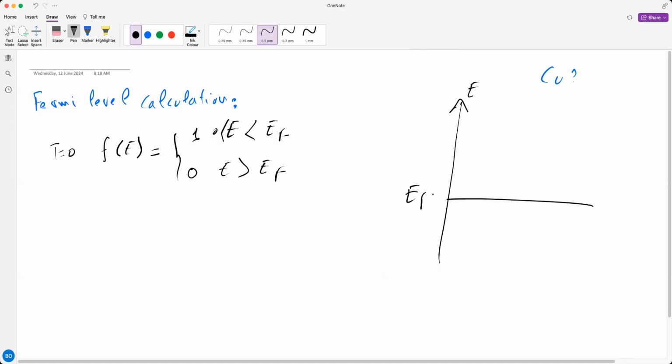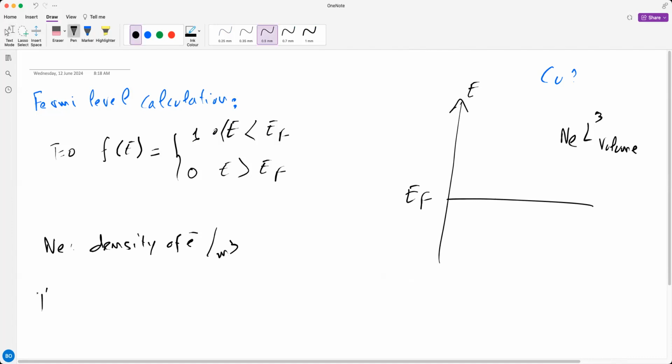This is the Fermi level, and let's assume I have a volume L cubed. This is the volume of my metal, and Ne is the density of electrons, which means the number of electrons per cubic meter.